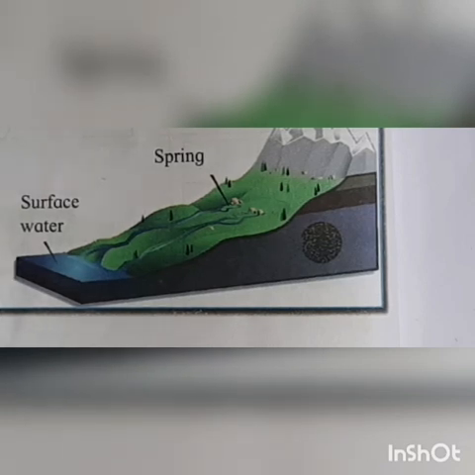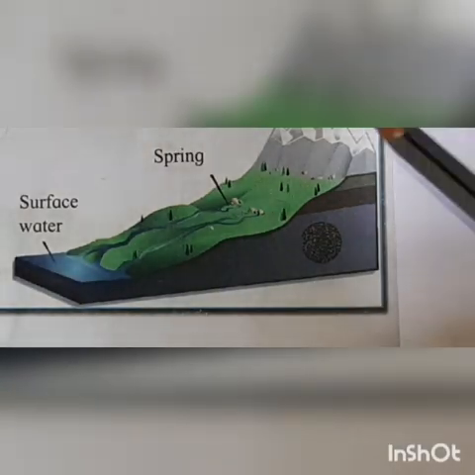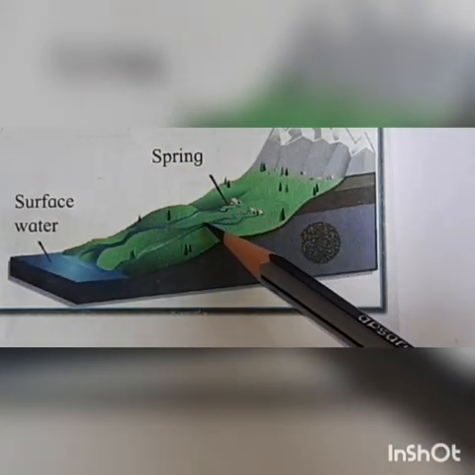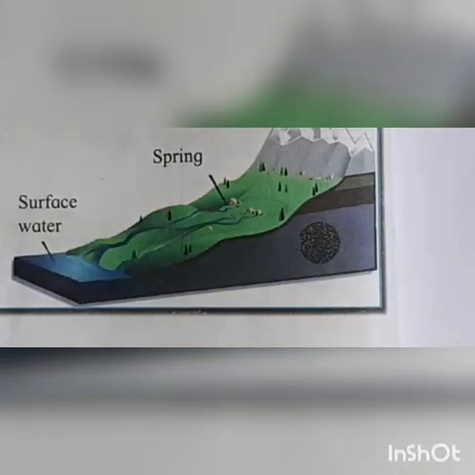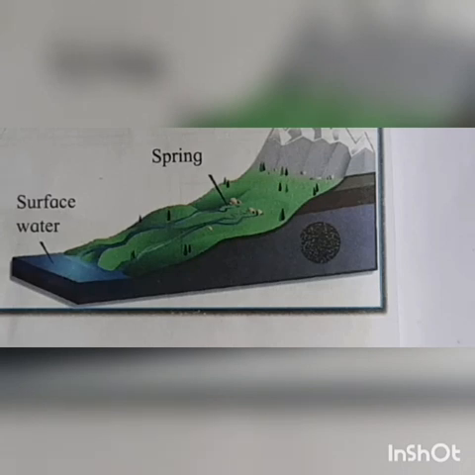Even under the ground, it flows from a higher level to lower level. Can you see? From a higher level to the lower level. This groundwater comes out of the ground in some places. This is what we call a spring.